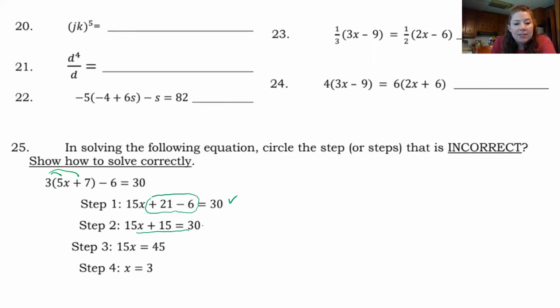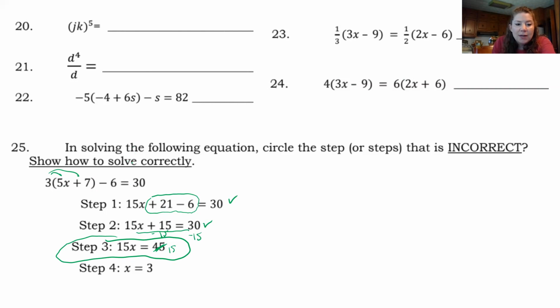So I like this. All this looks good. So then the next step would be to get rid of plus 15 by subtracting 15. So 30 minus 15 is not 45. Nope, it isn't. All right, so this is the part they messed up on. Right here. Step 3 has the first mistake because this should be 15, right?